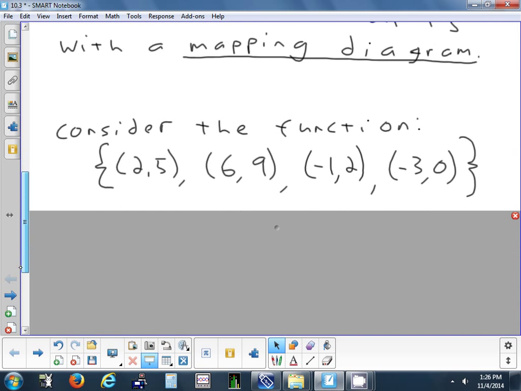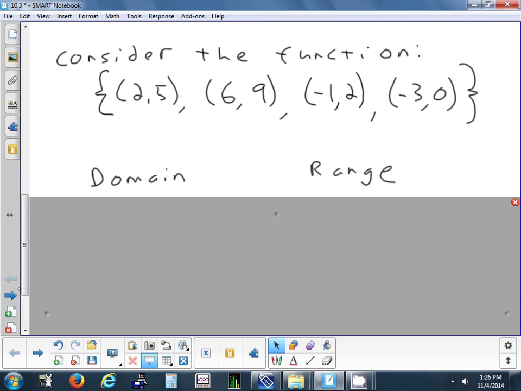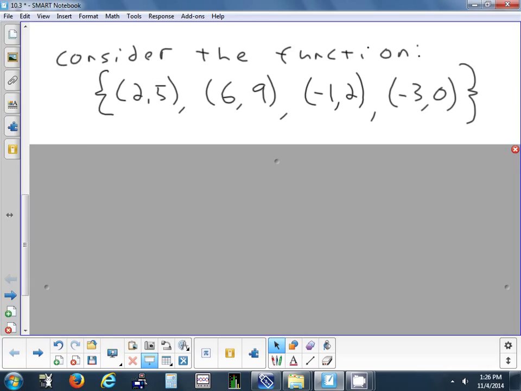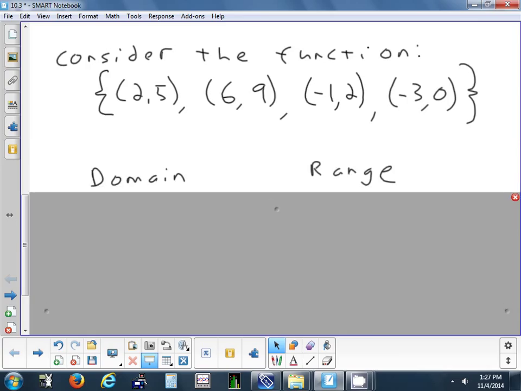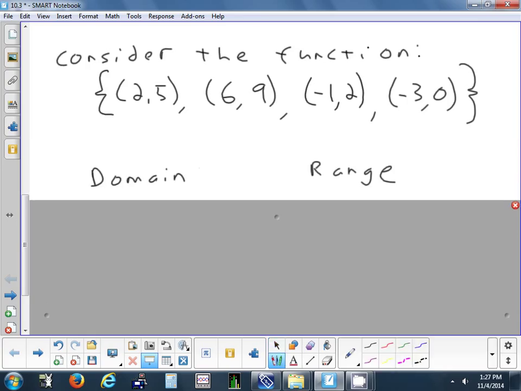Then on the other side, what's going to be on the other side? Tyler? You have the domain, and you have the range. Range is also what coordinate? Y. Yeah, domain is the x, range is the y, good.